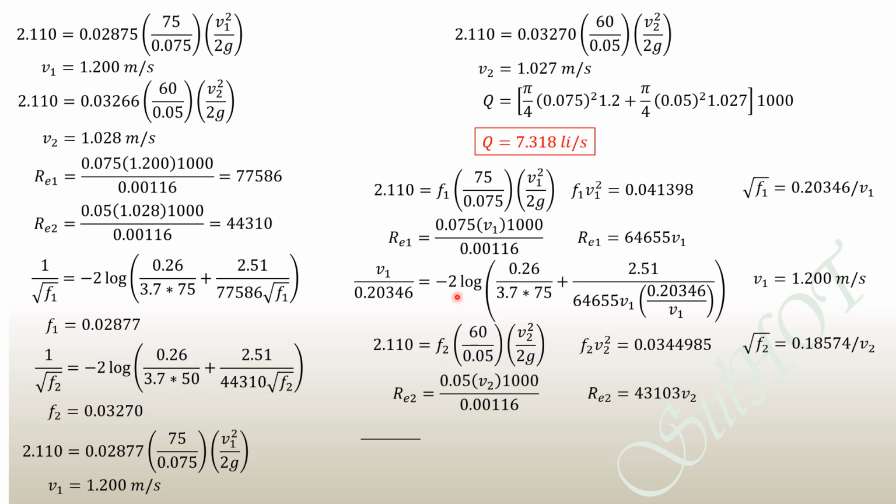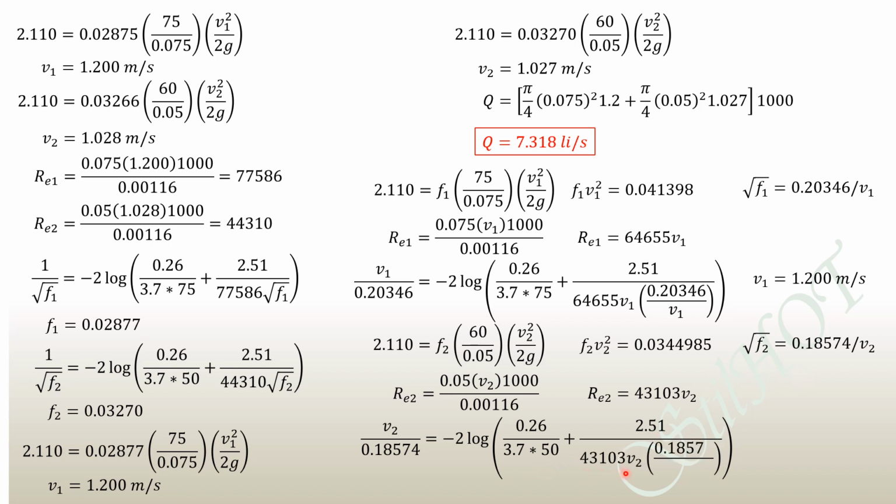We then substitute into the Colebrook equation, V sub 2 over 0.18574 equals negative 2 log of 0.26 over 3.7 times 50 plus 2.51 over Reynolds number, which is 43103 V sub 2, then times square root of F2, which is 0.18574 over V sub 2. Again, we can cancel V sub 2, evaluate this numerically, then times 0.18574. Then we can solve V sub 2, and it is equal to 1.027, which is the same as before.